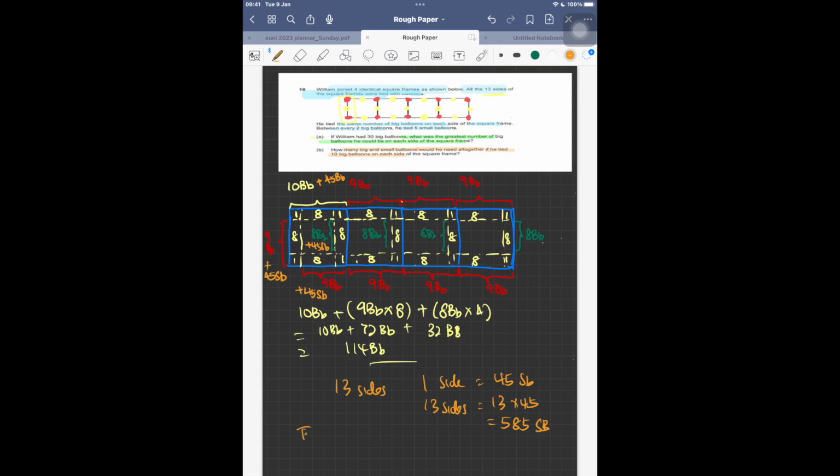So the total number of big balloons plus small balloons will be 114 big balloons plus 585 small balloons, which will give me 699. This is the total number of balloons. Okay?